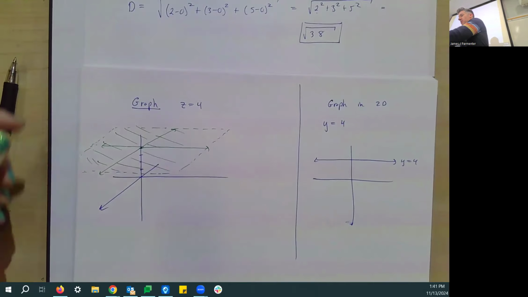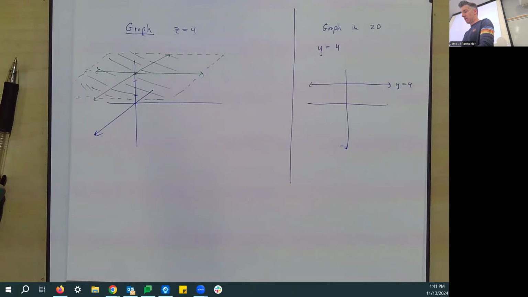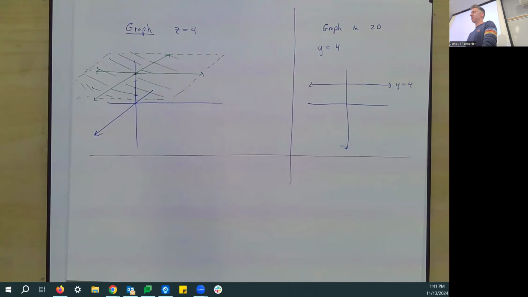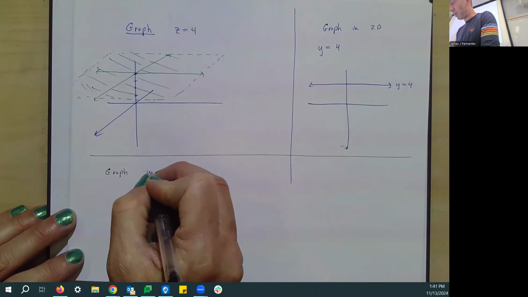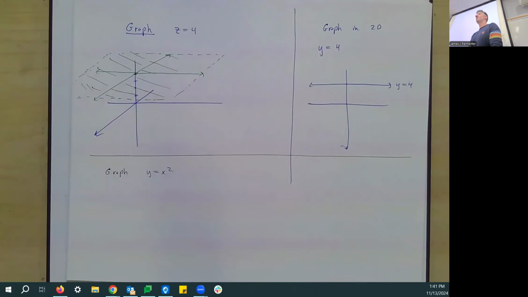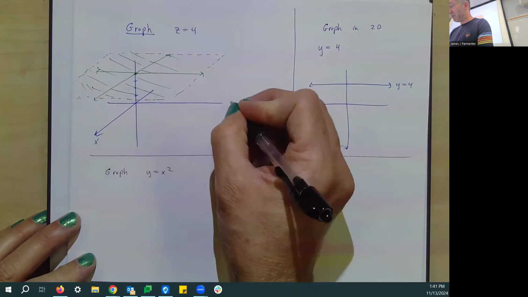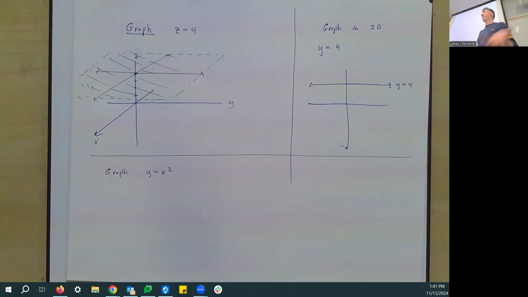Which also means that if someone asks you to graph something like y equals x squared, it's not just a parabola, because what variable is missing here? From my x, y, z coordinate system, z is missing, which means you can move in the z direction freely.